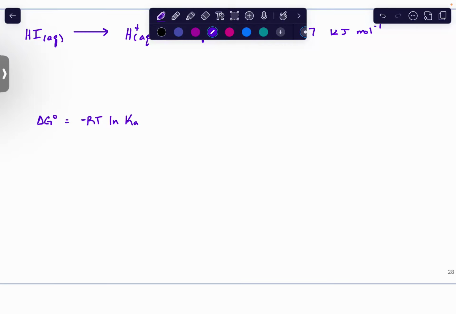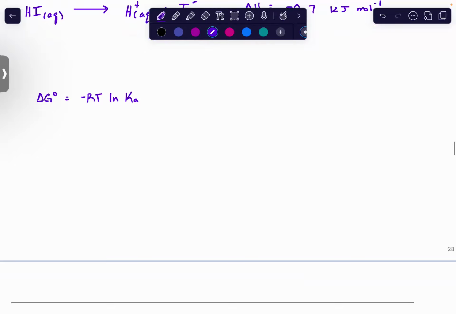And so what we can do is solve for the Ka.